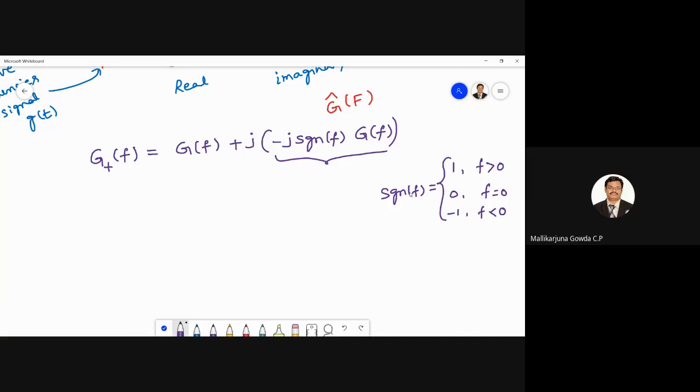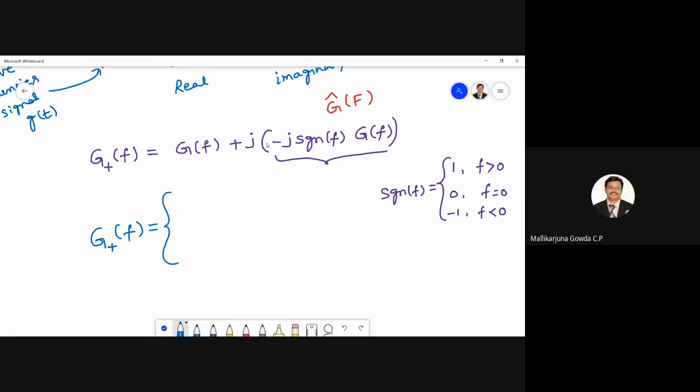So if you substitute the value of sgn of f here, what can I write for G plus of f? G plus of f will be equal to what? See, plus into minus is minus, and j into j is j square.